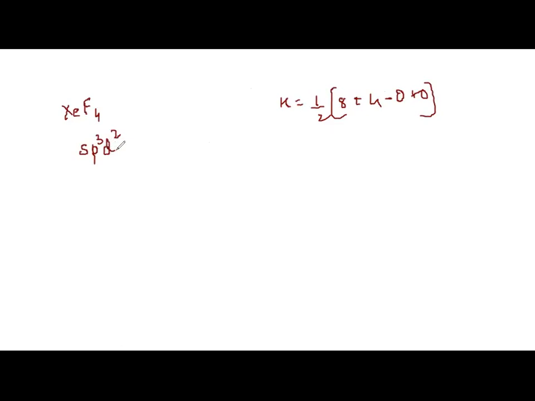For sp3d2 hybridization, the geometry is actually octahedral. But here, since it has lone pairs, the geometry comes out something like this. Here is Xe, which is bonded to 4 fluorine atoms, monovalent atoms.